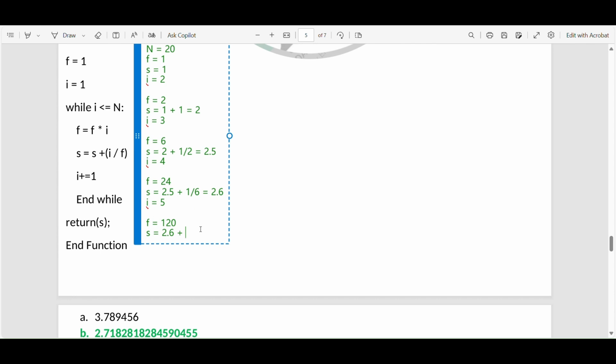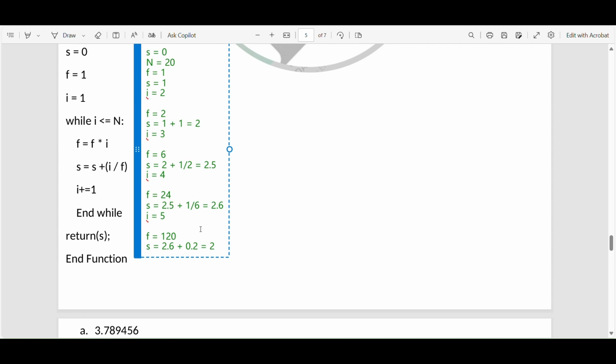What is I here? It is 5 and f is 24. So we are having 0.2. When you add it, 2.6 plus 0.2 will give you 2.8, right? And I is incremented again to 6.